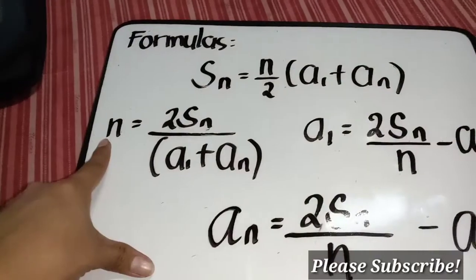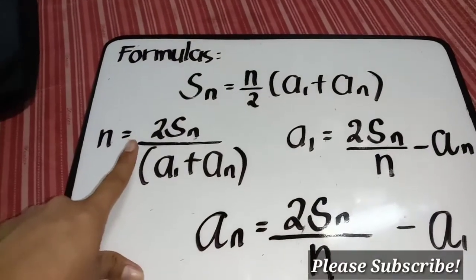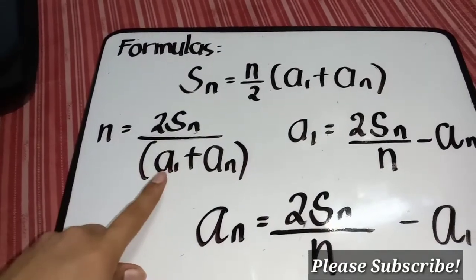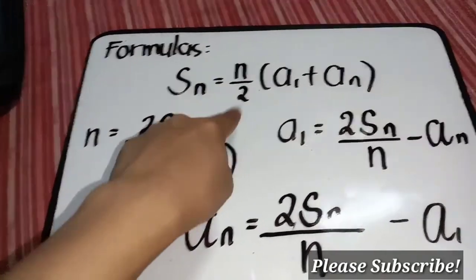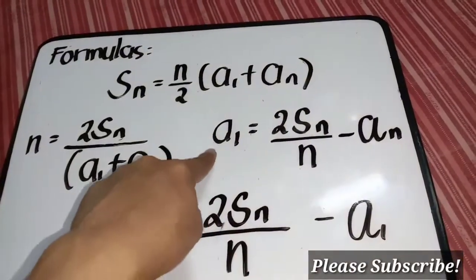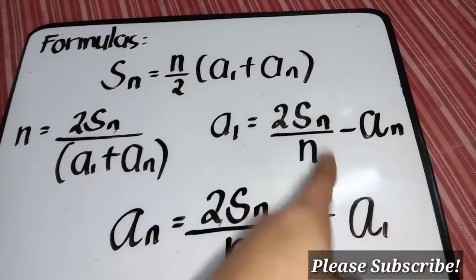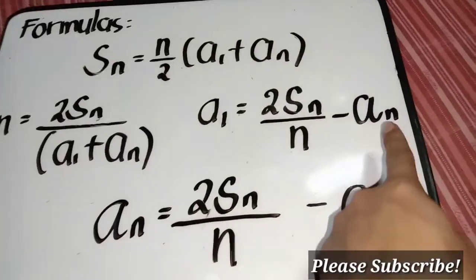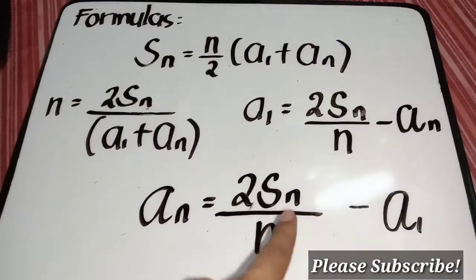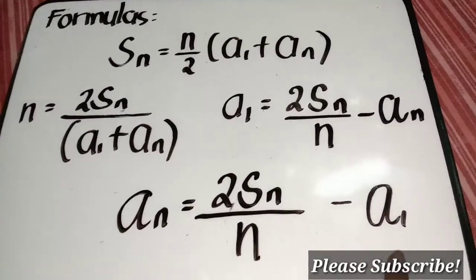So, kapag n yung nawawala, ito yung gagamitin. 2 times S sub n all over the quantity a sub 1 plus a sub n. So, dinerive lang siya from the original formula. Kapag nawawala yung a sub 1, 2 times S sub n all over n minus a sub n. So, kapag nawawala ng a sub n is equal to 2 S sub n all over n minus a sub 1.